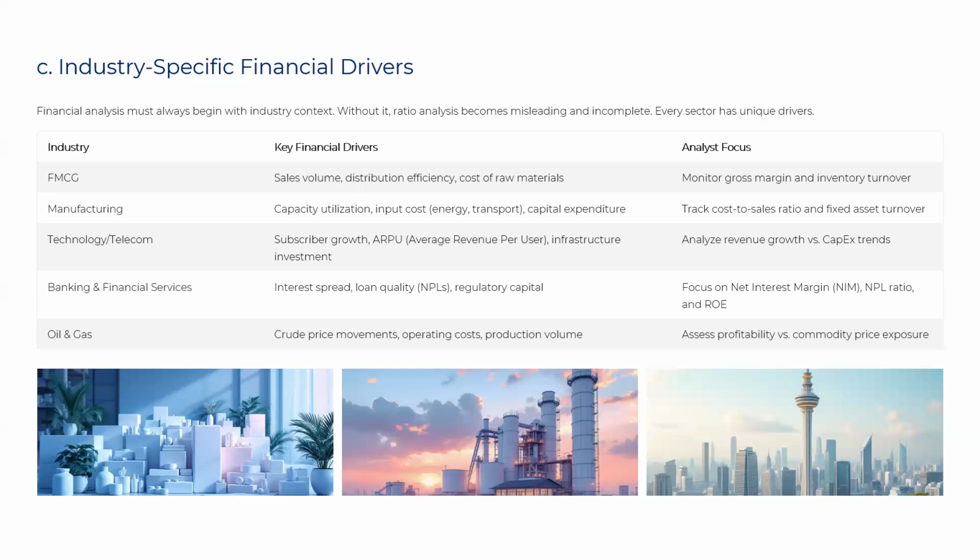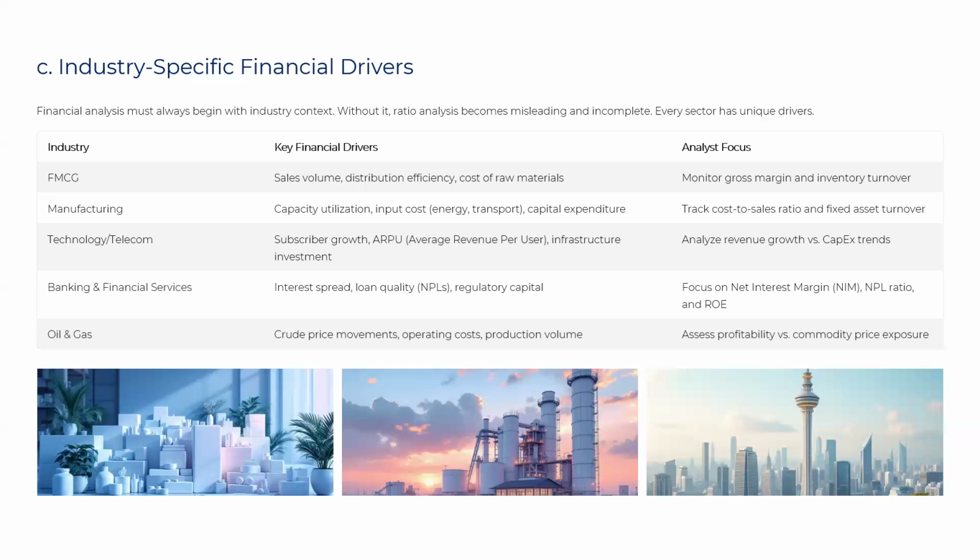So their growth depends on subscribers. Subscribers are people that have, for instance, MTN. It's only people that have an MTN SIM that will patronize MTN. If I have Glo, there's no way I can buy an MTN recharge card. Never. So the number of subscribers is part of the key financial drivers, and you need to understand this. The average revenue per user is also one of the things they need to look at.